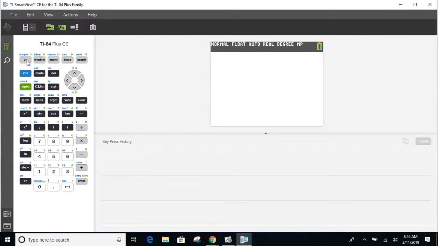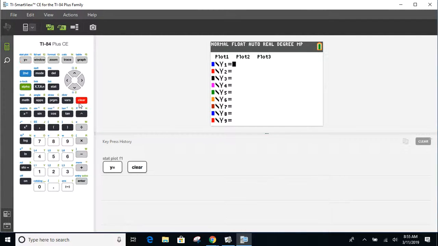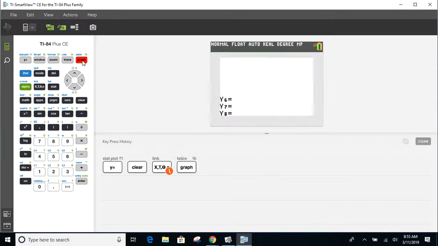Just type in Y equals X. Hopefully you haven't been messing around with your calculator too much, and it'll graph for you nice. If it says error, hit go to. That's because there's something else in Y whatever. There's crazy stuff in Y8 or Y10. Everyone getting this line? Yes? All right, we're going to reflect over that line now.